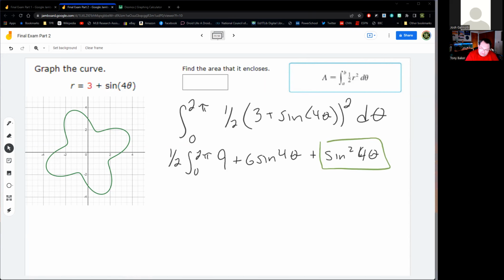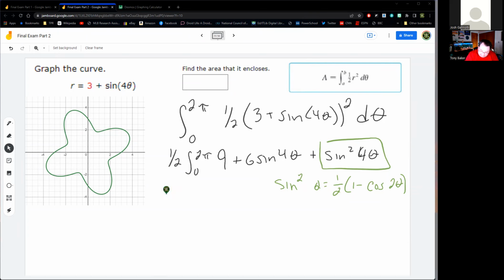So I want to do the half angle formula. So remember that sine squared theta equals 1/2 times (1 minus cosine 2 theta).